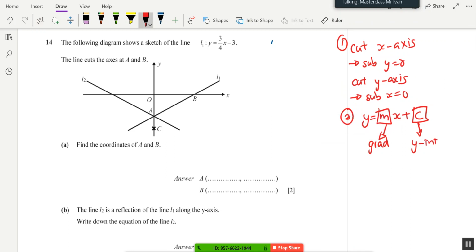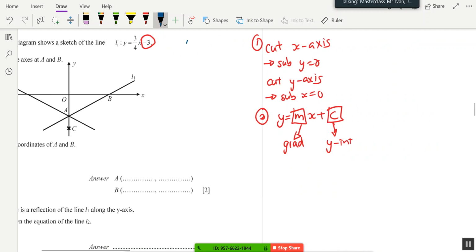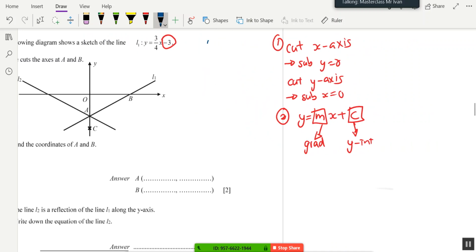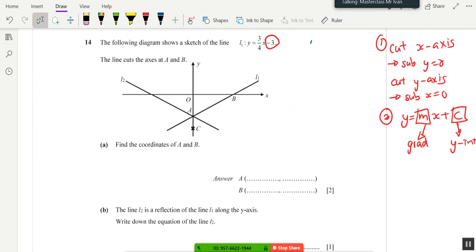Alright, so you look at L1, what is the y-intercept? Minus 3, right? So A or B is negative. Megan, where is the y-intercept? A or B? A. So the coordinate of A is negative 3, 0 or 0, negative 3? X first.